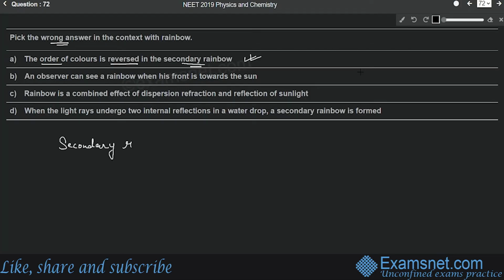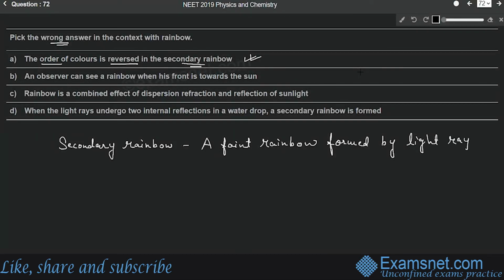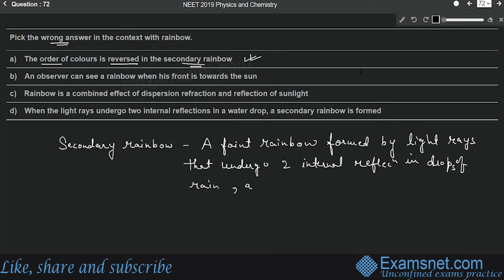Okay, so secondary rainbow is a faint rainbow formed by light rays that undergo two internal reflections in rain drops, appearing above the primary rainbow.